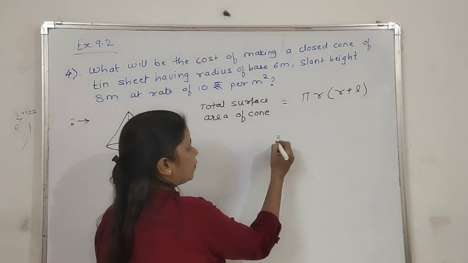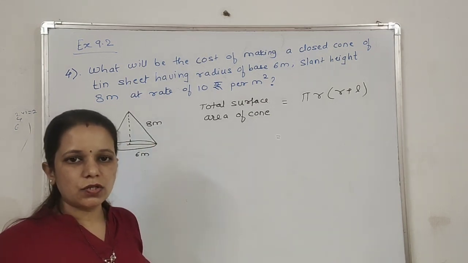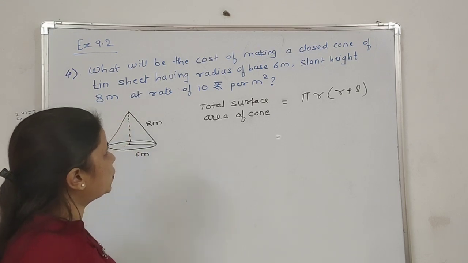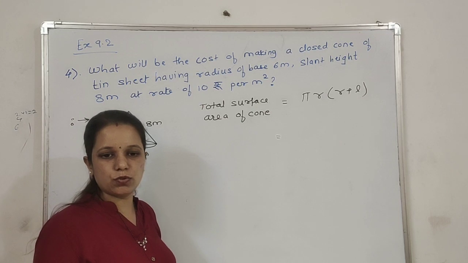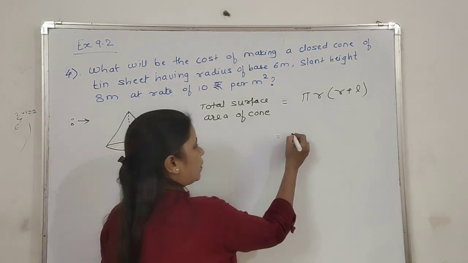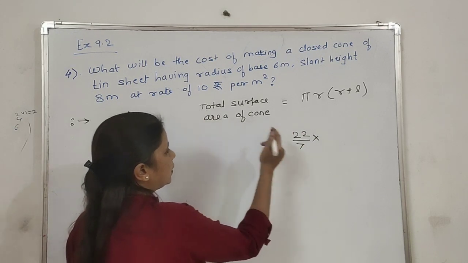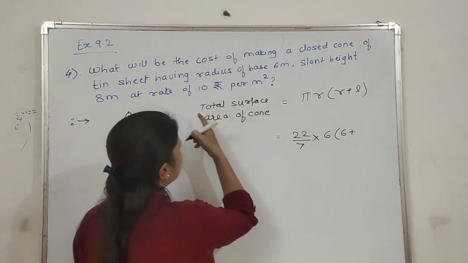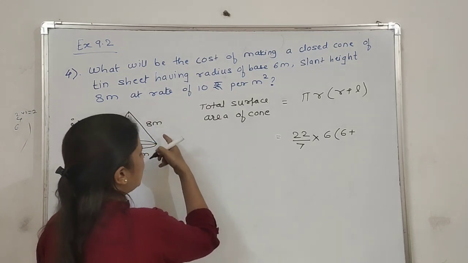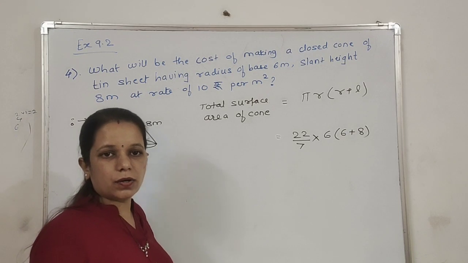We will just put the values. Pi value, it is not given, so you can take it as per your convenience, 3.14 or 22/7. So here I will say 22/7 into r, radius is 6 plus slant height is given as 8. Okay.